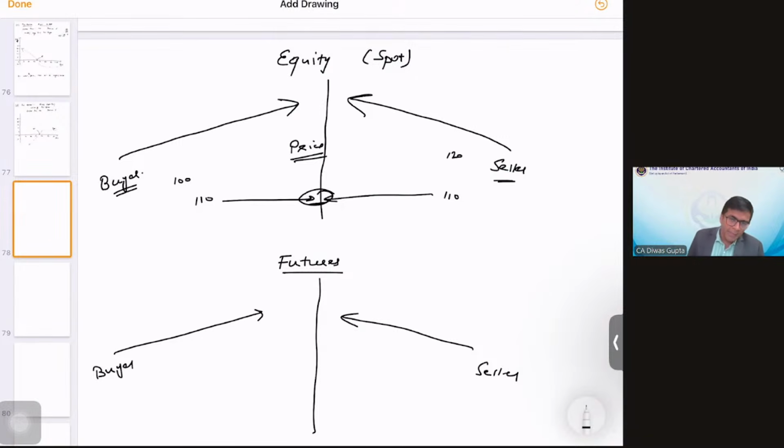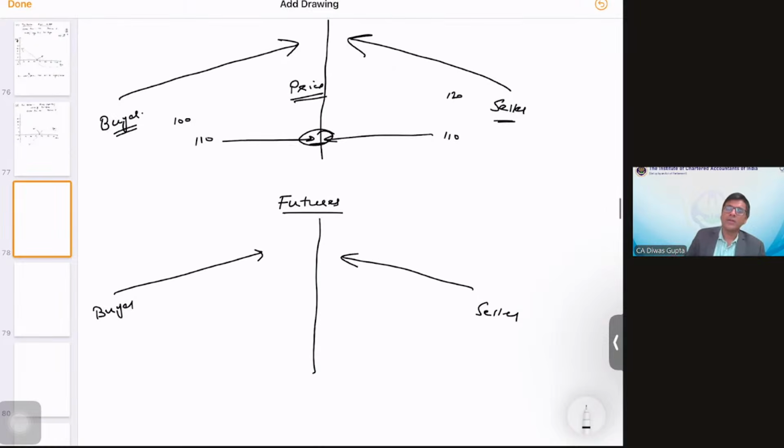But what happens for futures, students? For futures, what is quoted on a stock exchange at which the dealing happens? Future price, sir. Very good. No, Chitra, not strike price. Strike price is for options, right? So futures will be the futures price.